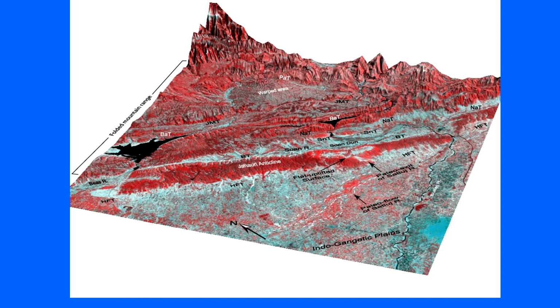This is again another example that you can use satellite data to generate a 3D perspective view of the terrain, and you can rotate it or put it at different angles as you wish to view the terrain in the best way.